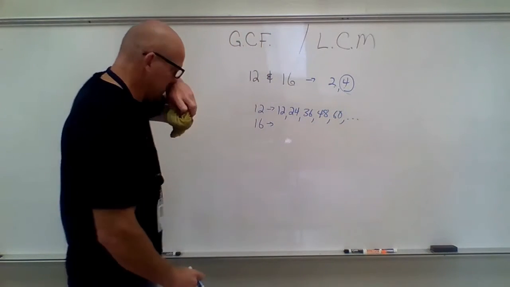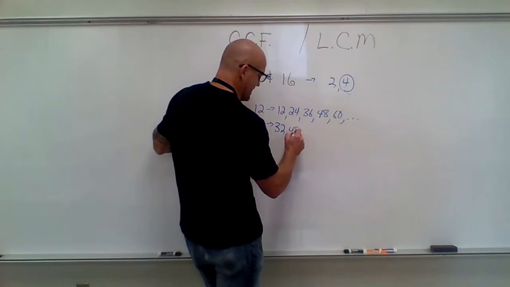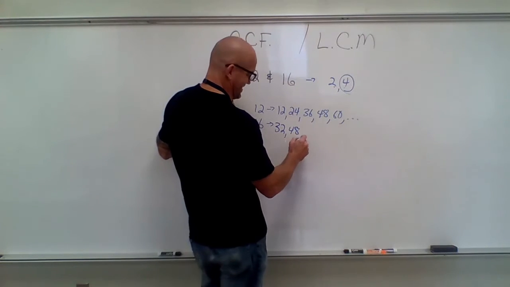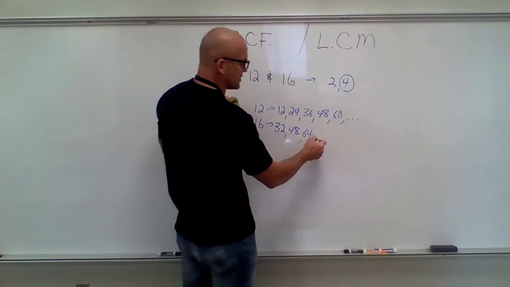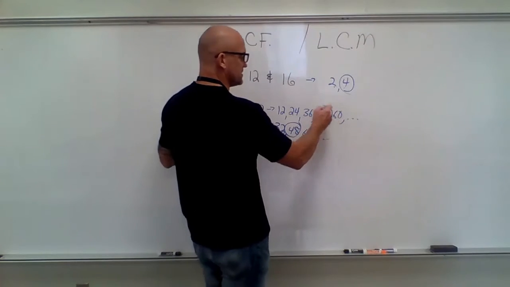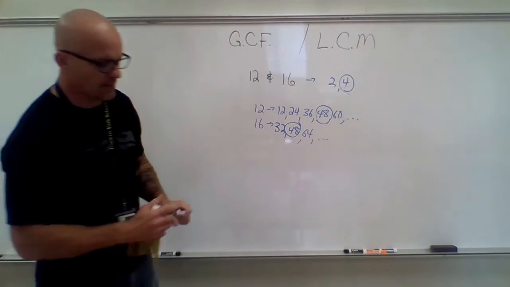I would keep going. 16 would have 32, 48, and at that point I'd be like, oh, guess what? There's no need for me to move on to 64 and so on. Right there is their first common multiple. Since it is their first common multiple, that is their least common multiple.